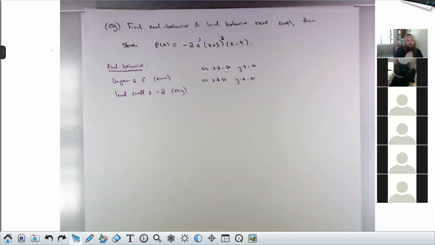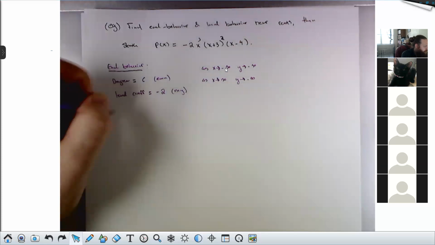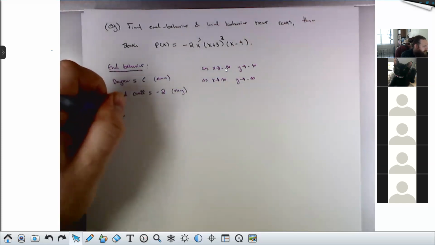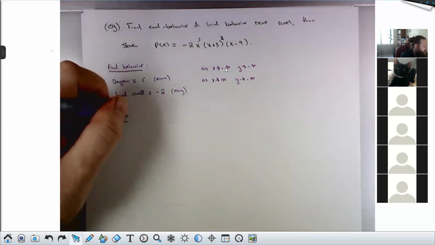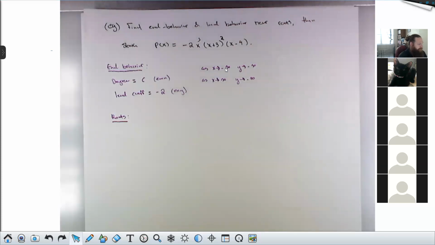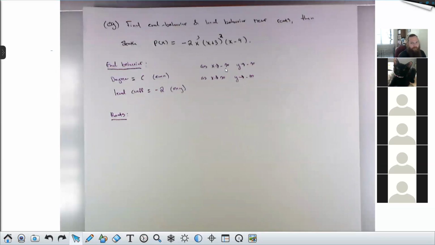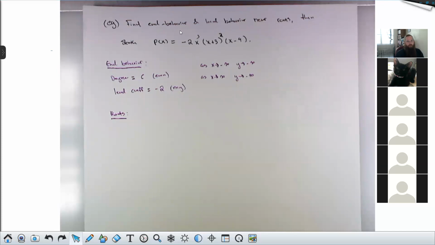The arrows point down on both sides. Right? Even degree, negative lead coefficient. What are the roots? So this polynomial is fully factored. We know each factor tells us a root. What root do I get from this factor?